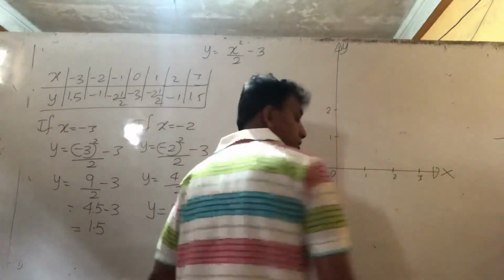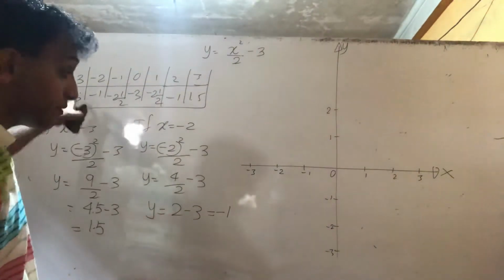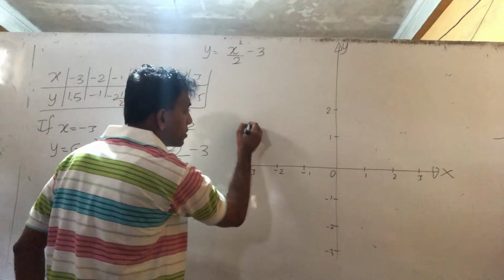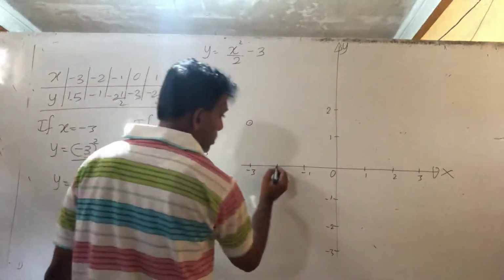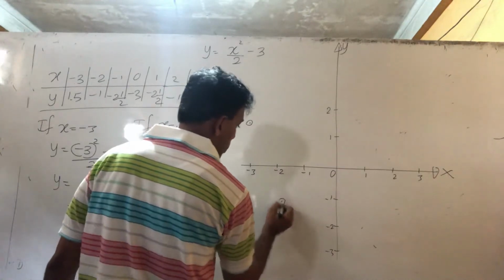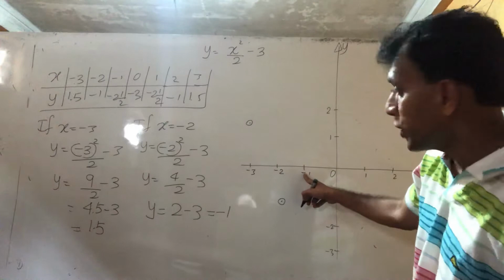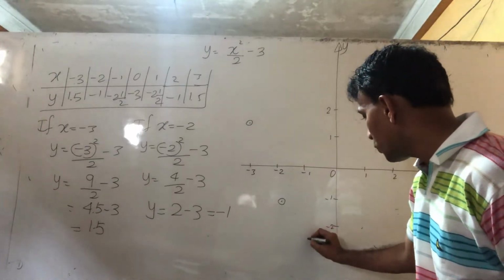Then we mark the points. X minus 3, y 1.5, which is in the middle. X minus 2, y minus 1. X minus 1, y minus 2 and a half, the middle point between 2 and 3.